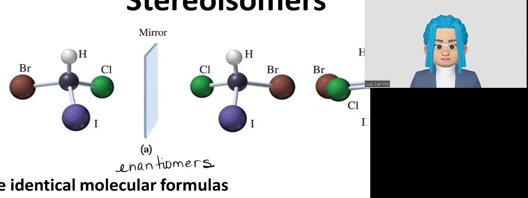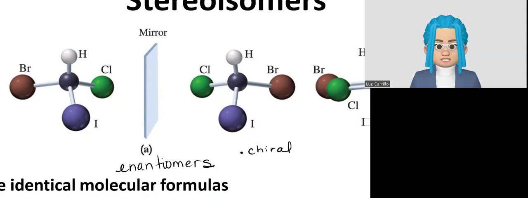So what does this mean? The two molecules need to have the same chemical formula, but that's a given because they're stereoisomers. The molecules need to be chiral.